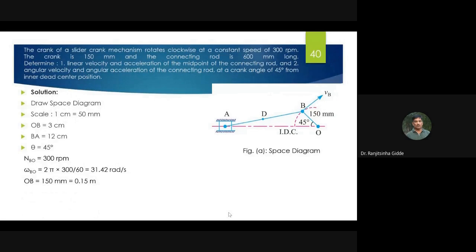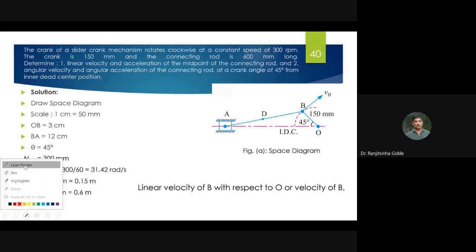Then we have converted OB is equal to 150 mm and BA is equal to 600 mm into meters. So here, this is as per the scale, don't make any confusion.